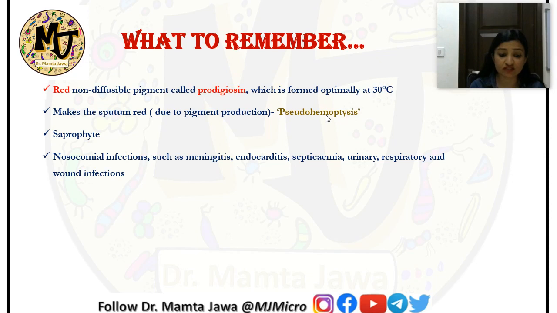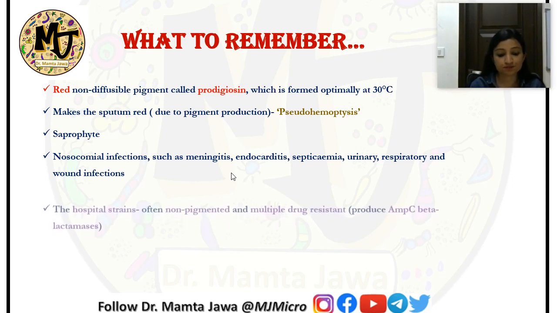It's a saprophyte, already I've told you, and it is notorious for causing infections in hospitalized individuals, that is nosocomial infections. It can cause a plethora of infections like meningitis, endocarditis, so CNS involvement, serious involvement, very severe infection like septicemia, urinary, respiratory, and wound infections. But out of all these different types of infections, the two most common infections which clinicians see in their practice are the urinary tract infection and pneumonia.